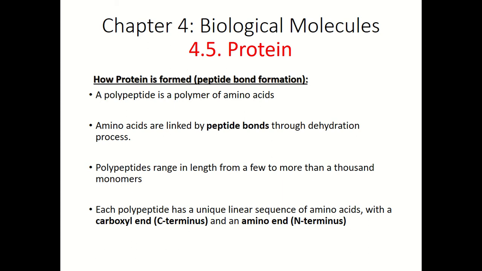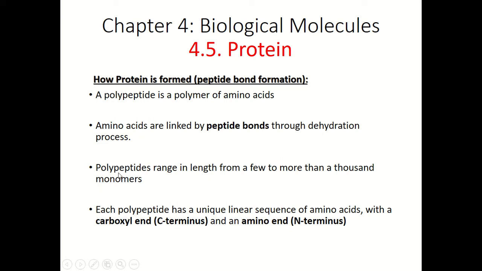So how does the polypeptide, or the protein, form? A polypeptide is a polymer of amino acids, and it is linked by peptide bonds through dehydration process. Remember, all monomers become a polymer through a dehydration process, loss of water.